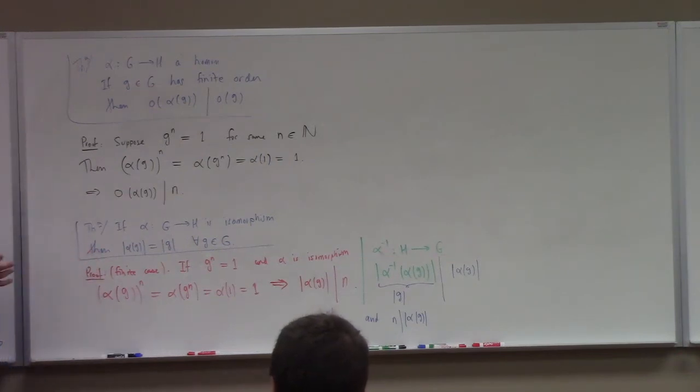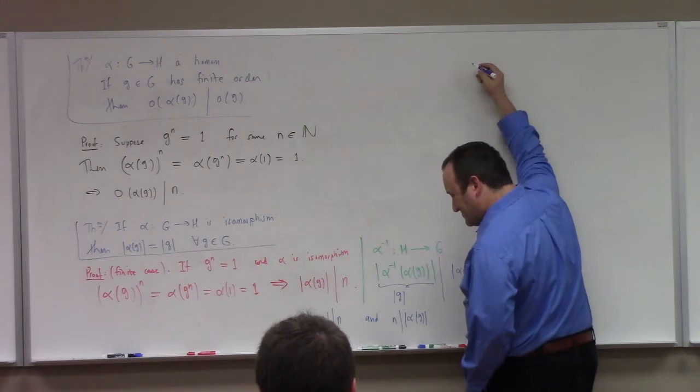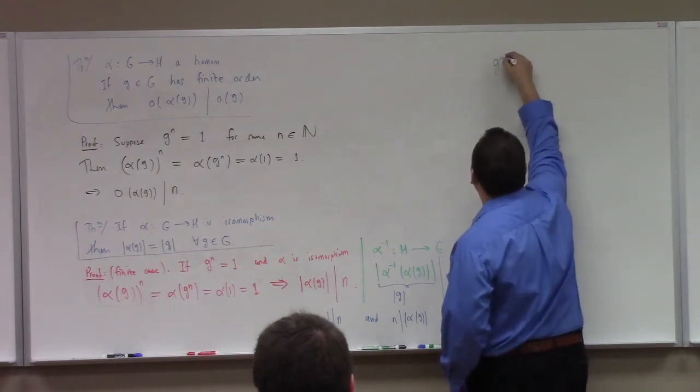The other proof, which you were getting me at, would be by contradiction, perhaps. Suppose you had g to the j.